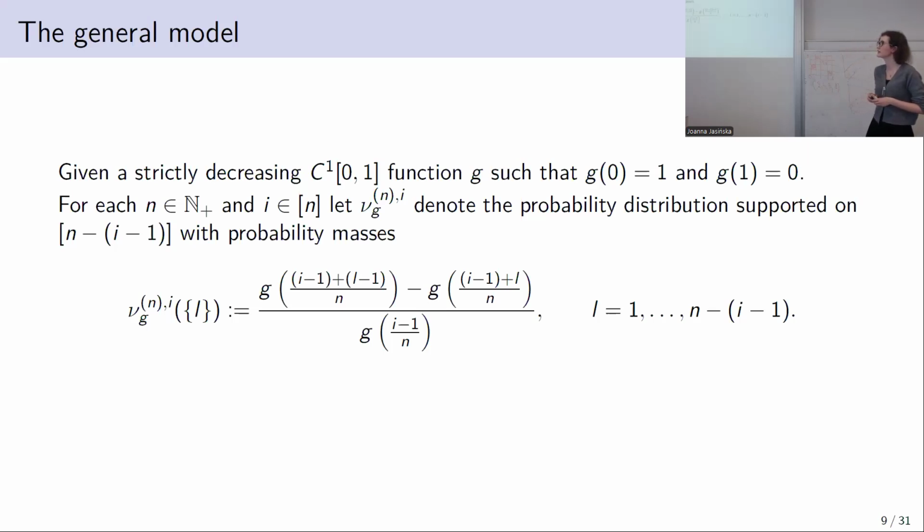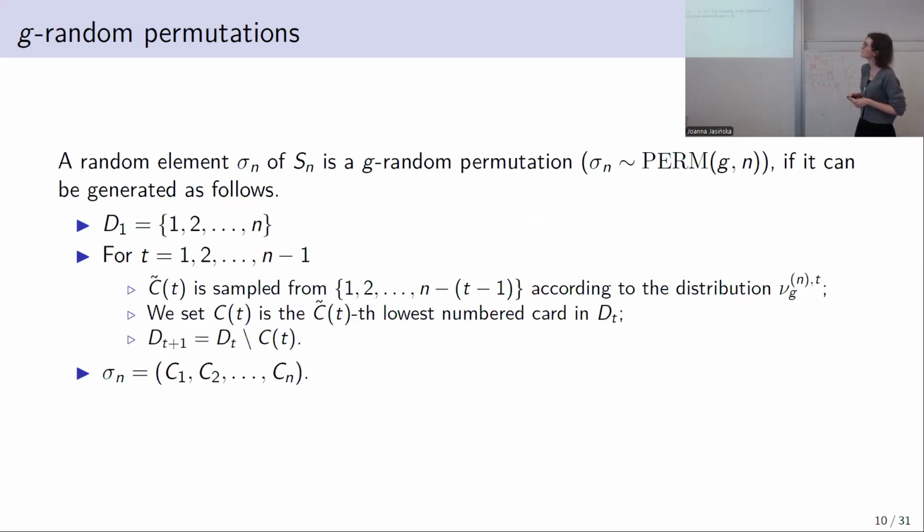And then for each n and each element i of the set of numbers from 1 to n, I define some probability distributions supported on n minus i minus 1 cards, because that's how many cards I have after i steps of my procedure. And it's just a formula. I'm just drawing the cards with this kind of distribution, and this is basically what I have just said.